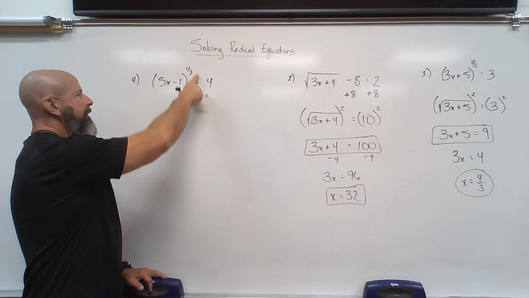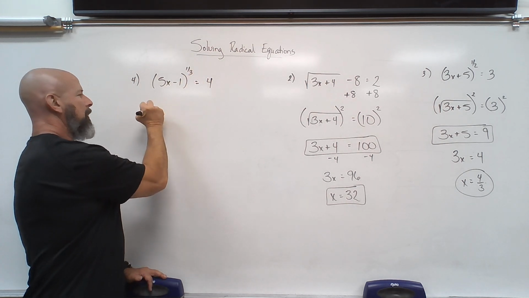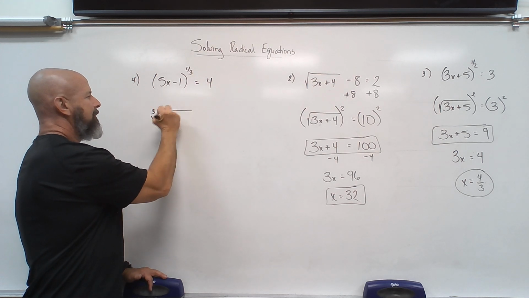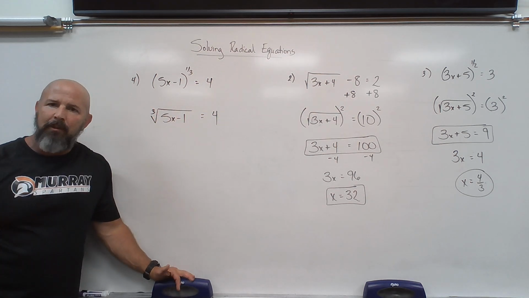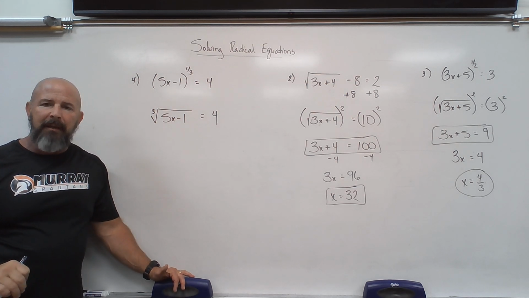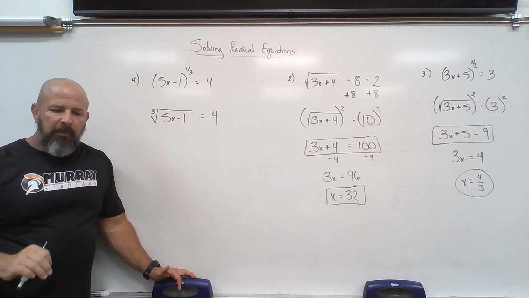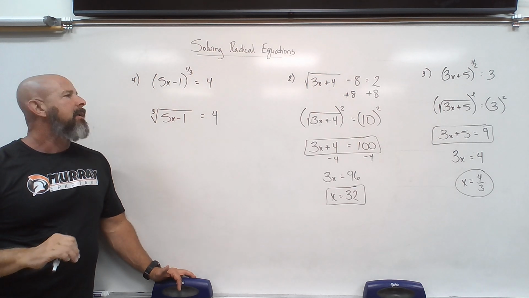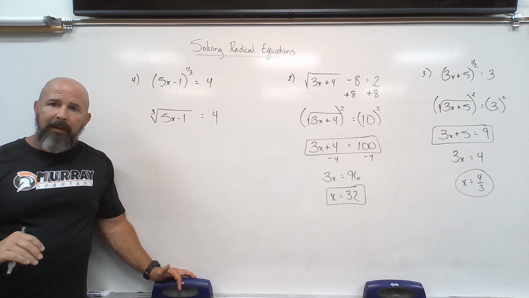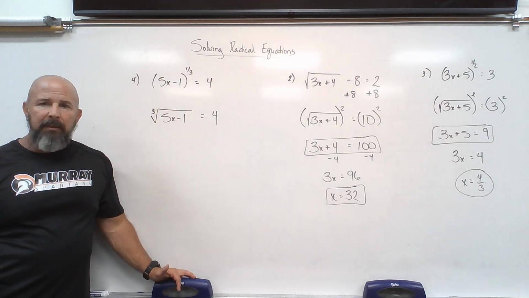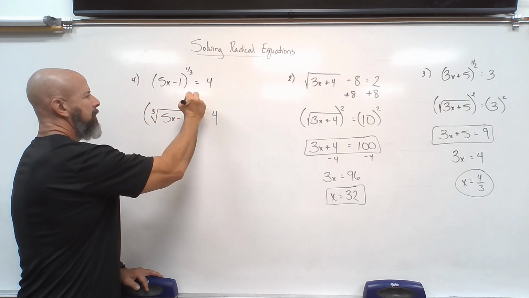So I can leave it like this and just realize that it's a cube root, or I can certainly rewrite it. Again, more personal preference there. Do you like seeing the root or the rational exponent better? Either way, the opposite of a cube root would be cubing something. So the opposite of square root would be squaring. The opposite of cube rooting would be cubing. So I want to cube both sides.